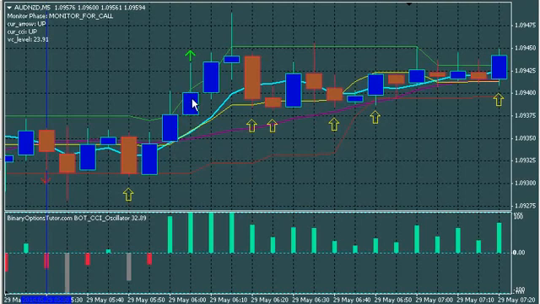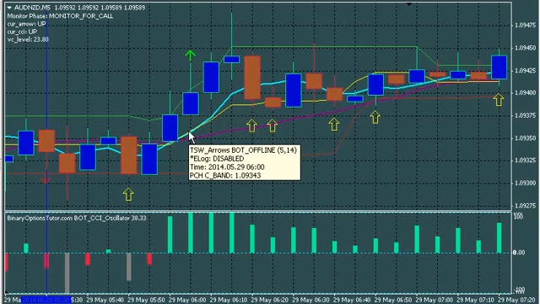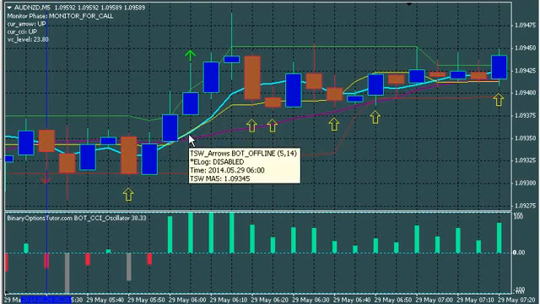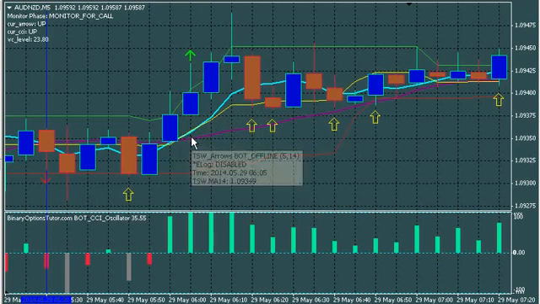Now here, this arrow would have appeared at the first of the candle, and it would have stuck because we've already closed once with a candle crossing of the 5 moving average over the 14 moving average, and that's all these candles represent.